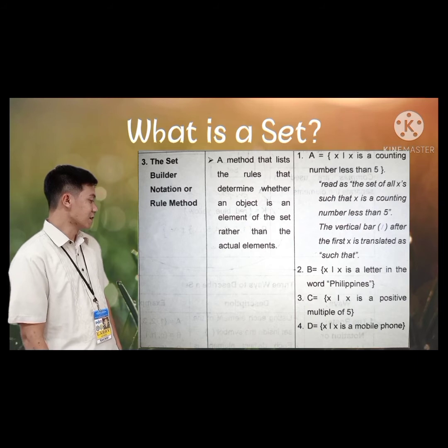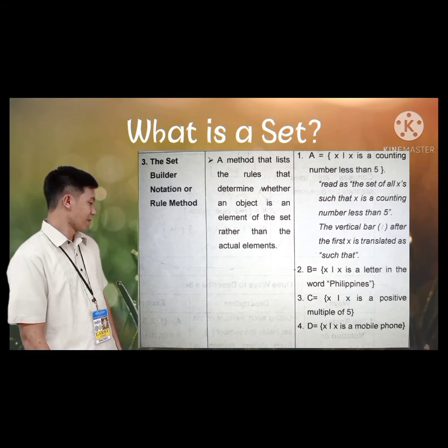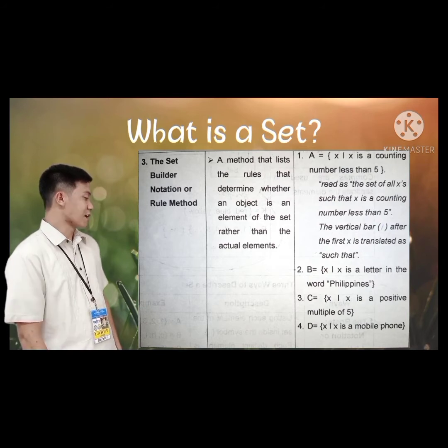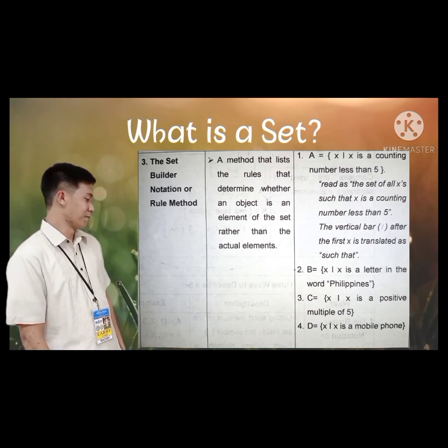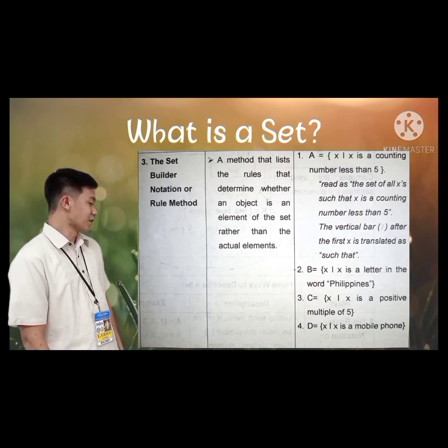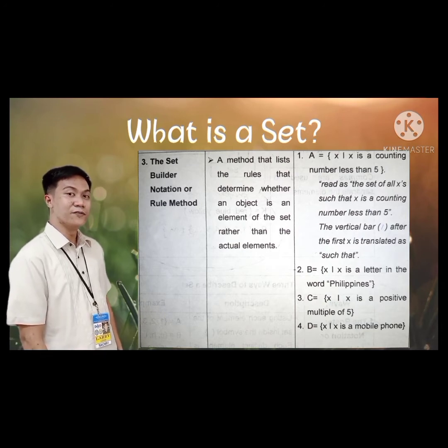Your set B, x such that x is a letter in the word Philippines. And your set C, x such that x is a positive multiple of 5. And your set D, x such that x is a mobile phone or a brand of a phone.